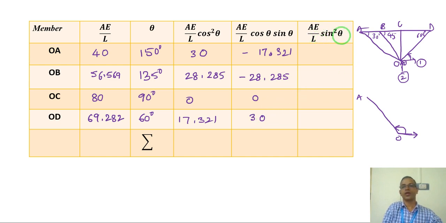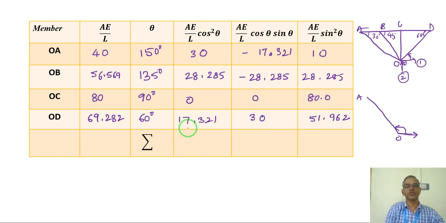And for AE by L sin square theta, the angles are readily available. So this is 10, 28.285, and this is 80.0, this is 51.962. Then we take a sum of all these.